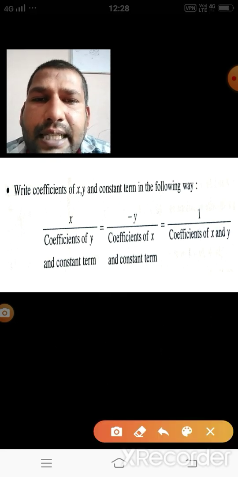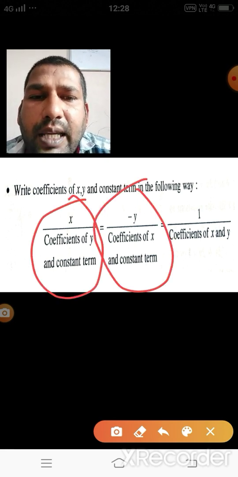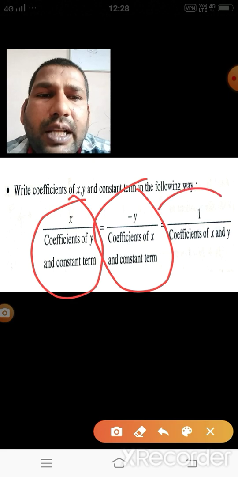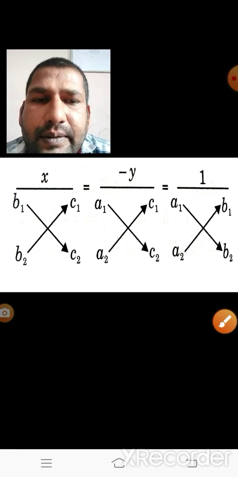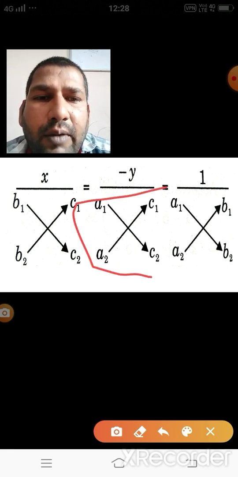After writing like this, x upon the coefficients of y and constant terms, minus y upon the coefficients of x and constant terms, and 1 upon the coefficients of x and y: b1 b2 c1 c2, minus y upon a1 a2 c1 c2, 1 upon a1 a2 b1 b2.